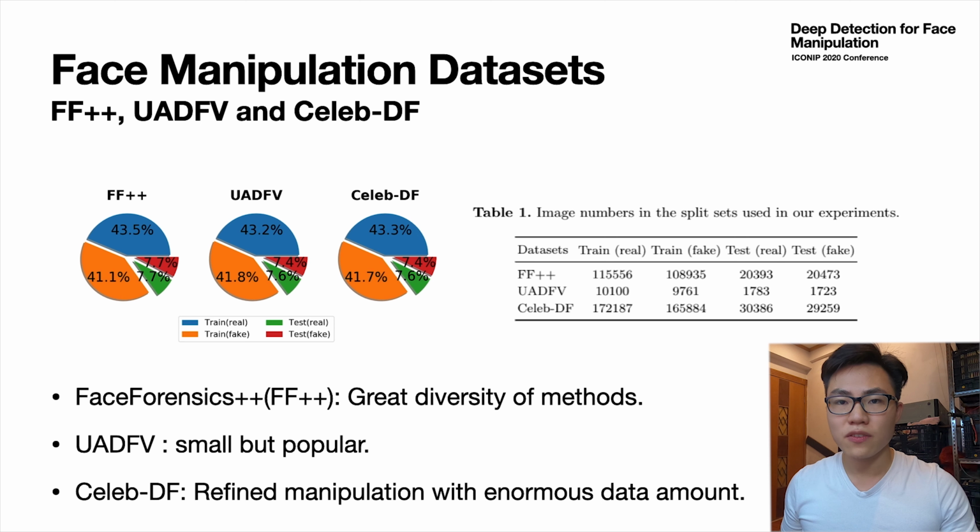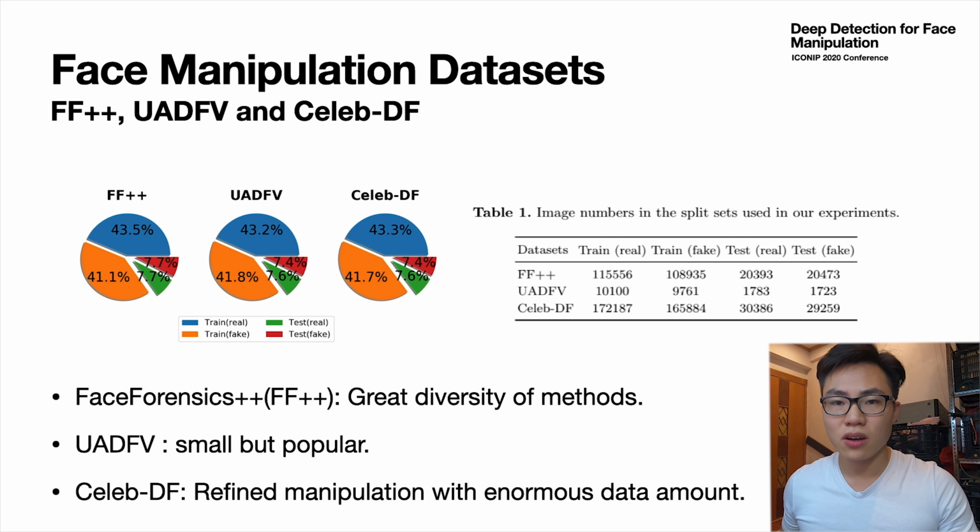The first one is called FaceForensics++, which includes deepfake videos generated with four face manipulation methods. There are Deepfakes, NeuralTextures, FaceSwap, and Face2Face. The second one is called UADFV, which is a small but commonly used face manipulation dataset.